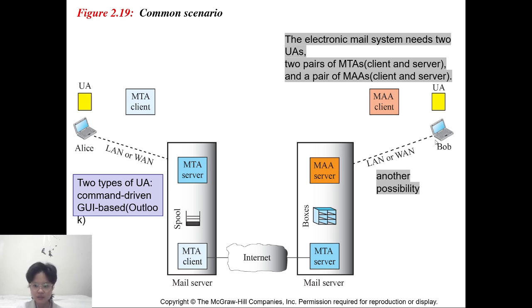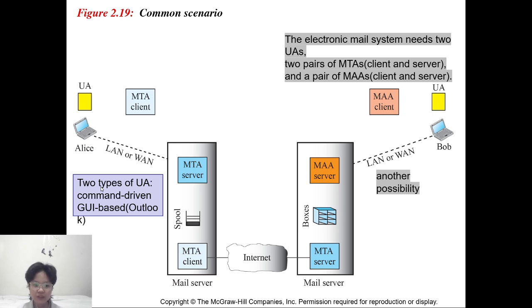You can see the client connects by LAN or WAN to the MTA server, and also the web-based client Alice connects to the MTA server by WAN or LAN.